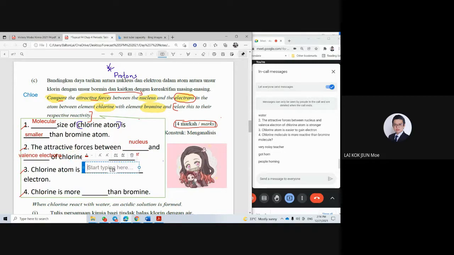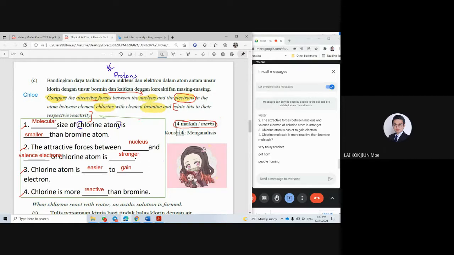So chlorine atom is easier to gain electron. Chlorine is more reactive. Okay. If I didn't refer to the answer, I think I would add one more sentence. Do you think so?